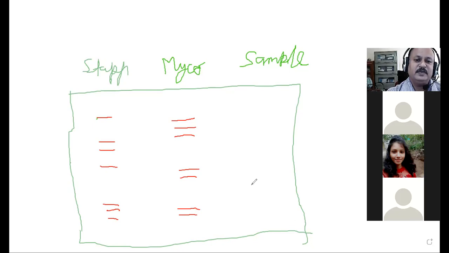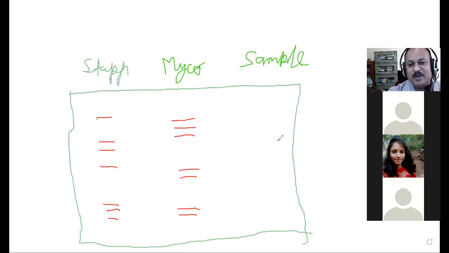Is it okay? In other words, by looking at the pattern, every time I have staphylococcus with me, every time I will get a pattern like this under the similar conditions, right? Every time I have mycobacterium DNA, I'm bound to get this kind of a pattern. This pattern is different from this pattern, okay?